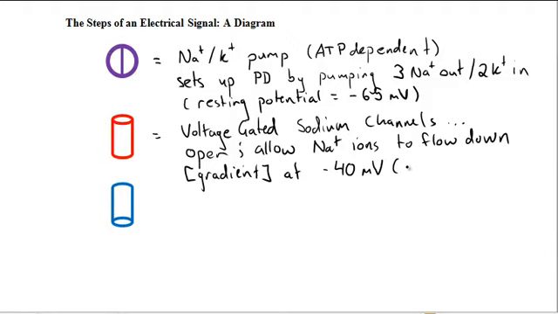That's what we call the activation potential. If something causes the neuron to go from its resting potential of negative 65 millivolts to a negative 40 millivolts, all these voltage-gated sodium channels will open and sodium will rush in, causing an electrical current.